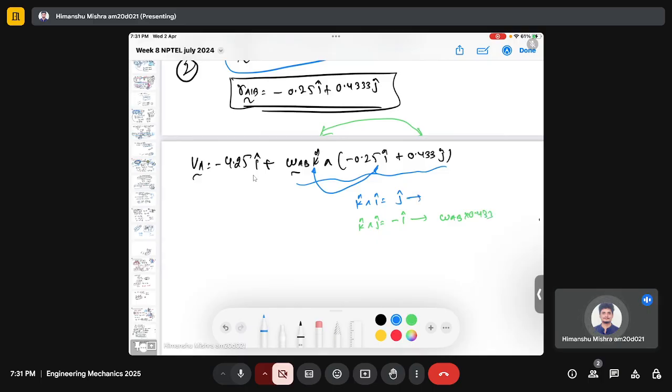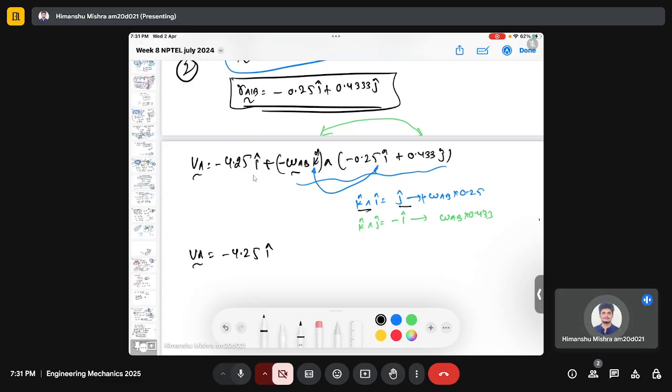And here the magnitude will be omega AB multiplied by 0.25. This will be minus also because it's in the clockwise direction.